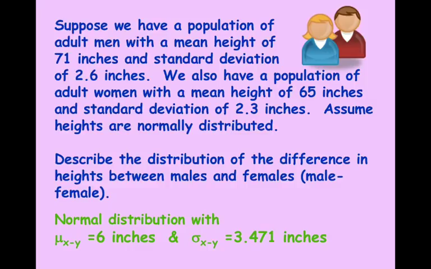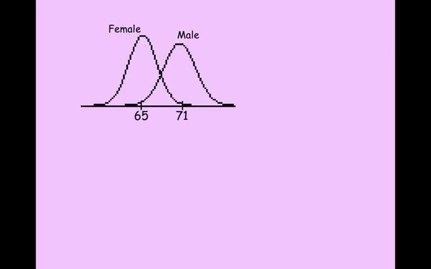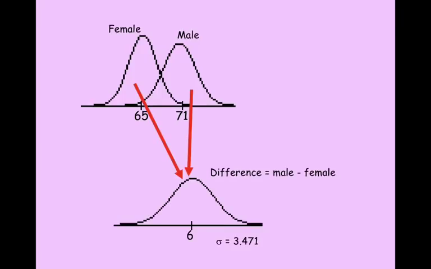Let's take a look at a picture of these normal distributions. If we draw the female and male curves on the same scale, we see that our female normal distribution is centered at a mean of 65, and our male normal distribution is centered at a mean of 71. If we calculate the difference of those two distributions, males minus females, we get a new curve centered at a mean of 6 inches with a standard deviation of 3.471.